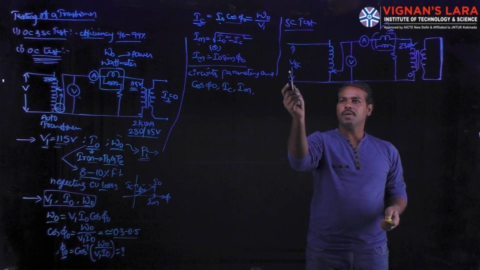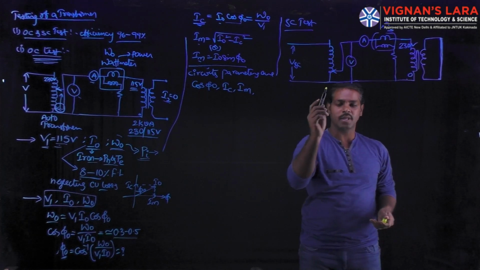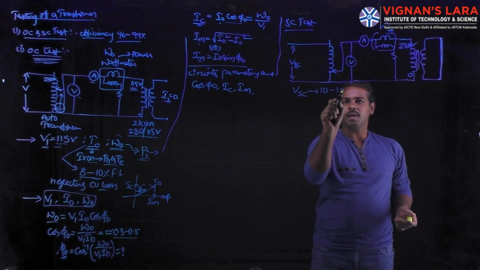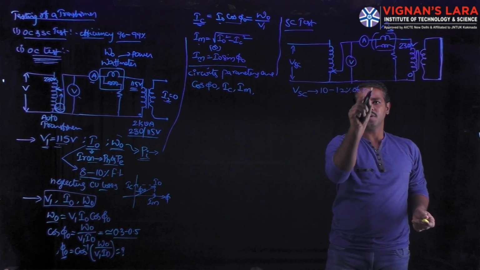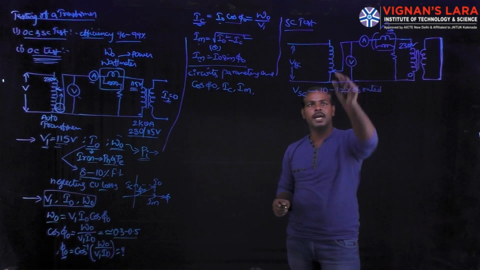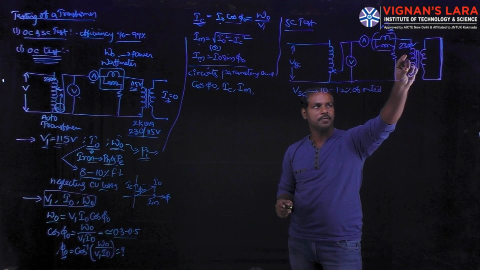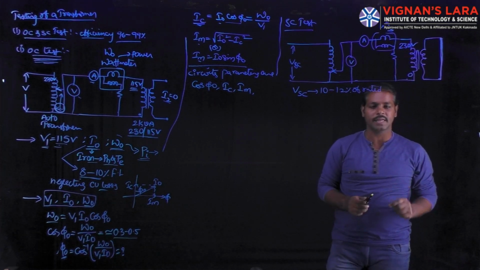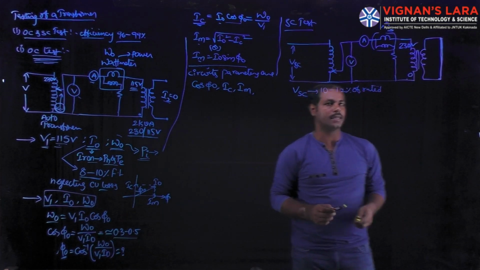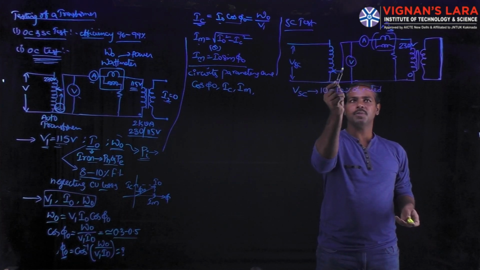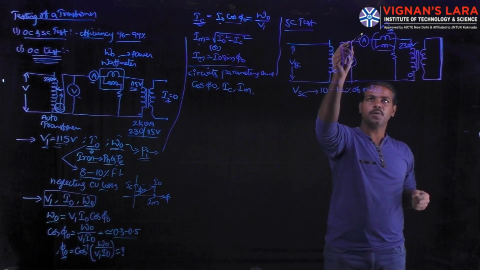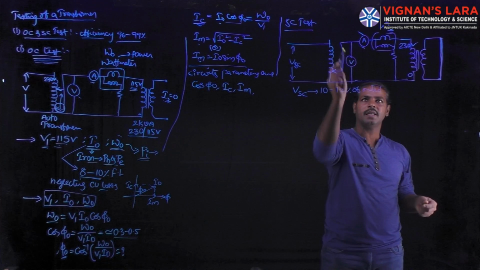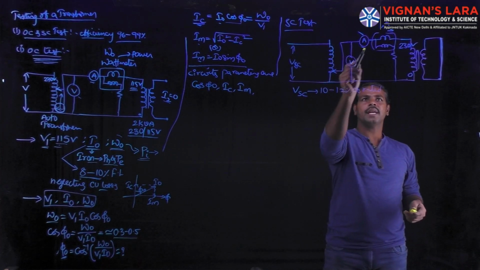When we apply a small amount of voltage, VSC is 10 to 12% of the rated voltage, across the primary, the HV side of the transformer, the corresponding full load current flows through the secondary side. That is why a small voltage is applied across the primary. We get three parameters.